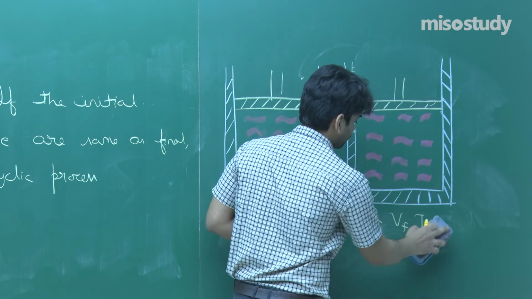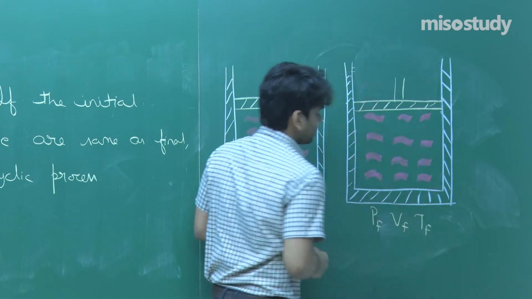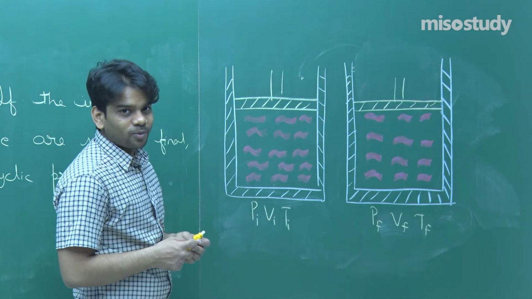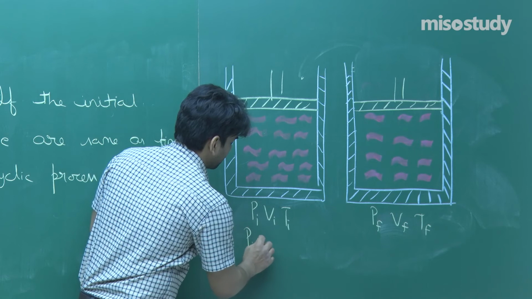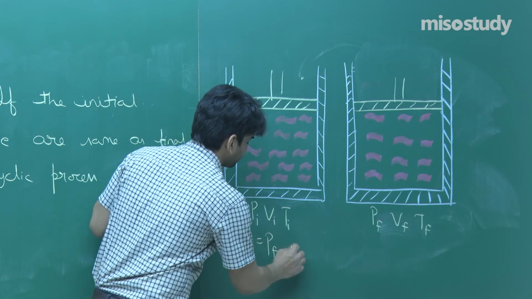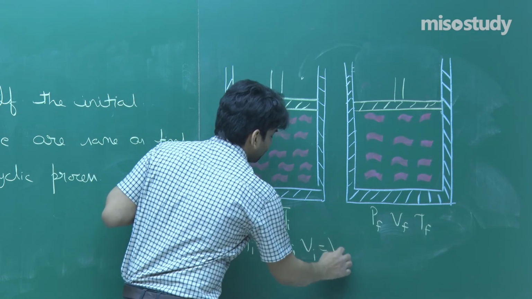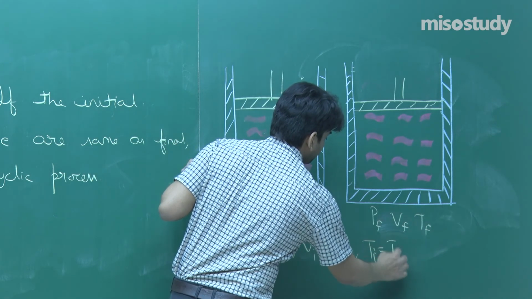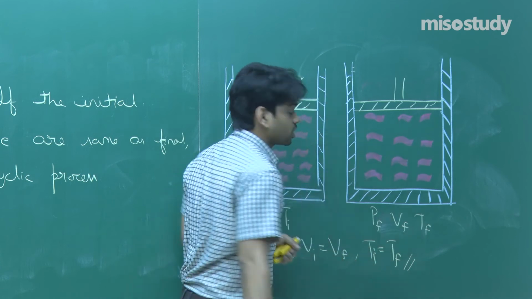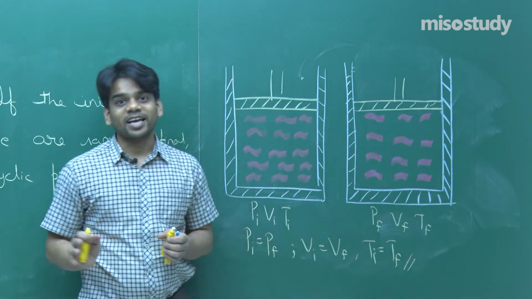In this cyclic process, the initial value of thermodynamic variables and final value of each of the variables will be same. That is, initial pressure will be equal to final pressure, initial volume will be equal to final volume, initial temperature will be equal to final temperature. Such a process that we have gone through is a cyclic process.